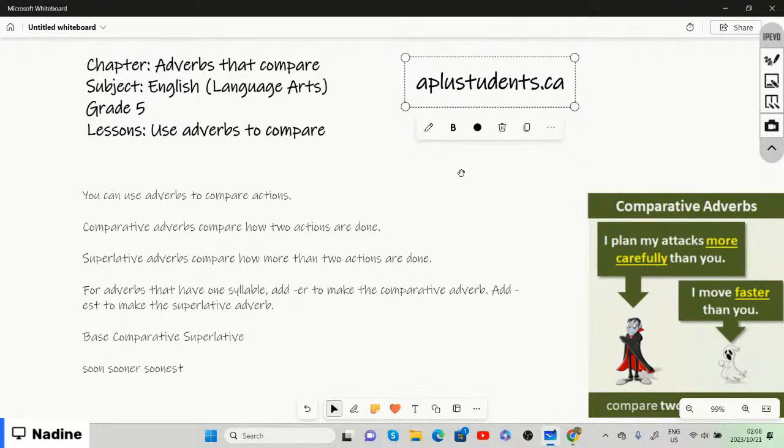For an adverb that has just one syllable, we add er to make the comparative adverb, and we add est to make the superlative adverb, which shows us how more than two actions are done.